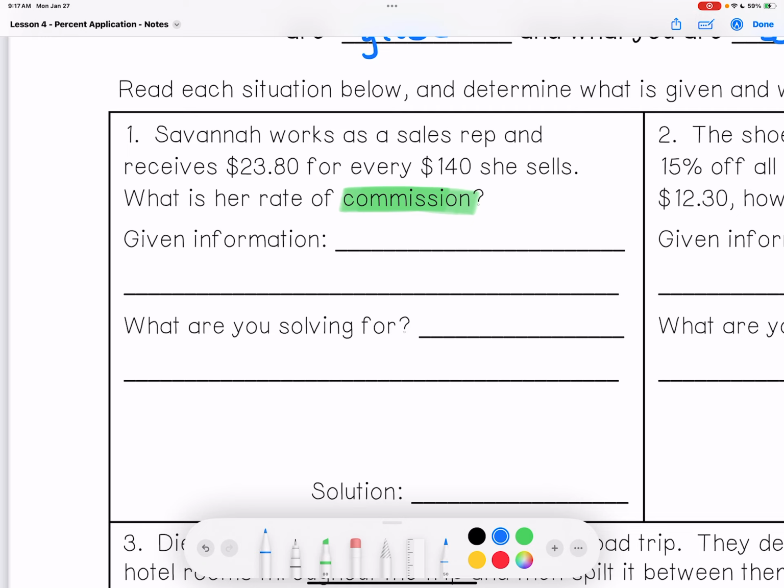We're solving for the commission, which is always a percent. And then the information we're given is the amount of commission, the dollar amount.